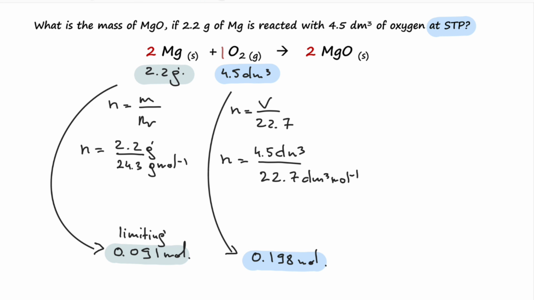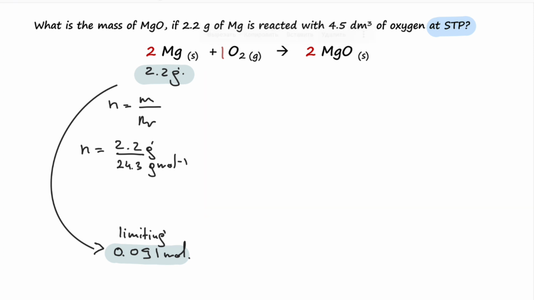And now guys, you can find the molar mass of magnesium oxide. Just let's write this. Okay, so when you will use 2 molecules of magnesium, you will produce 2 molecules of magnesium oxide. So it's 1-to-1 proportion, and here we can do our calculation. So 2 equal to 2 and 0.091 equal to x.